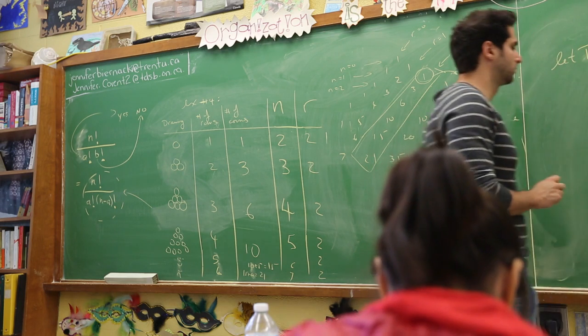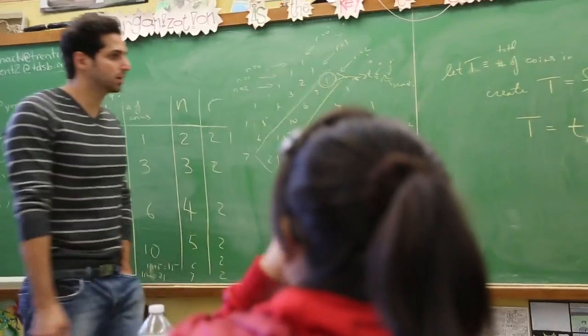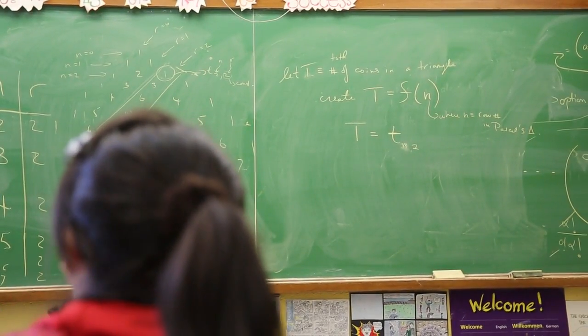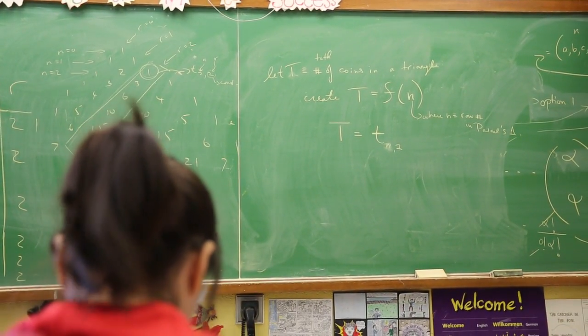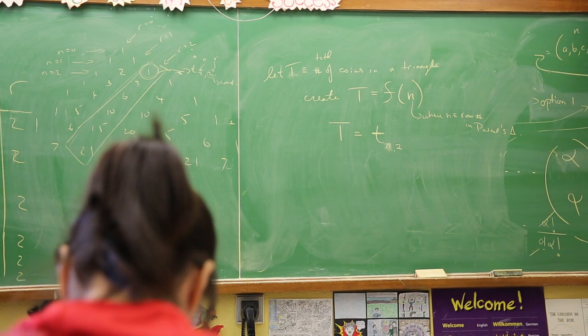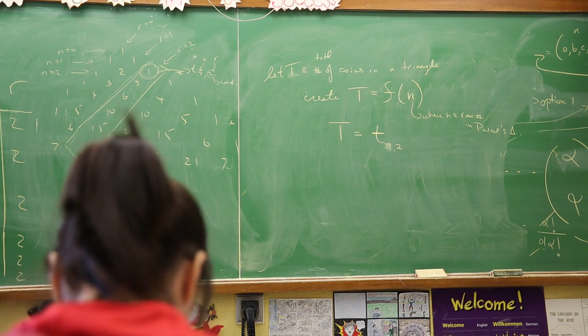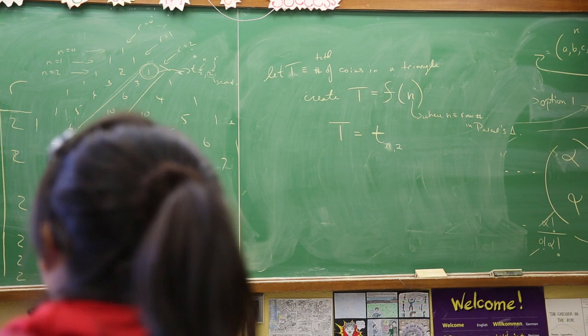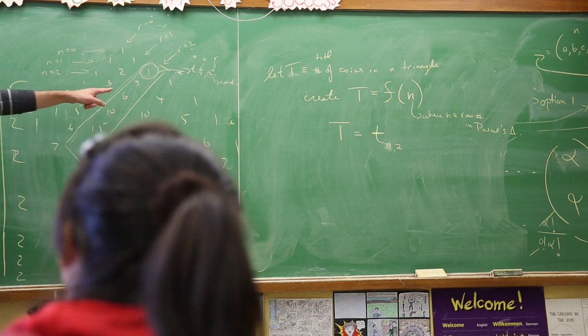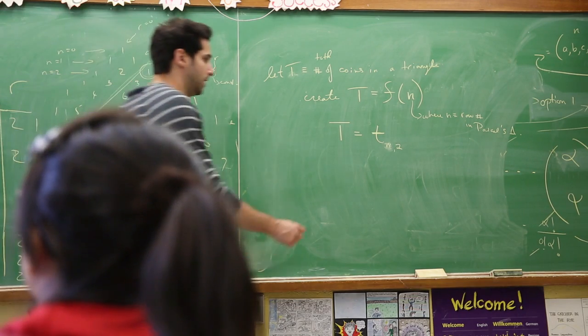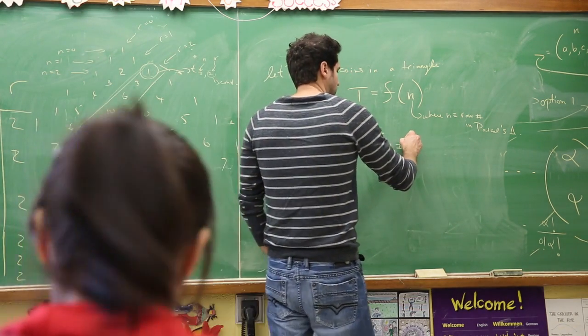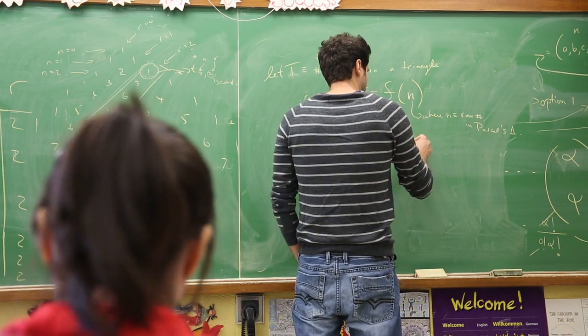Does that make sense? Because if n is 2, you're asking for the number of coins in term 2, 2, which is 1 coin, right? And if n is 3, the total number of coins is going to represent term 3, 2. Term 3, 2 is going to be 3 coins.